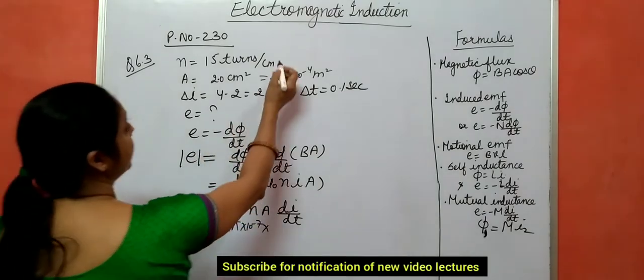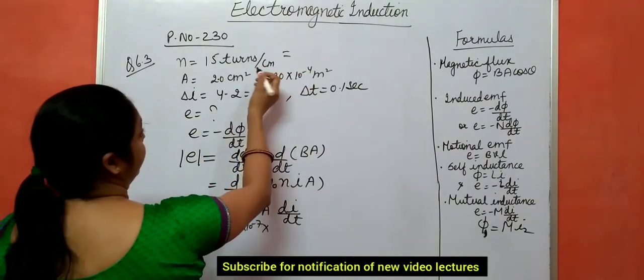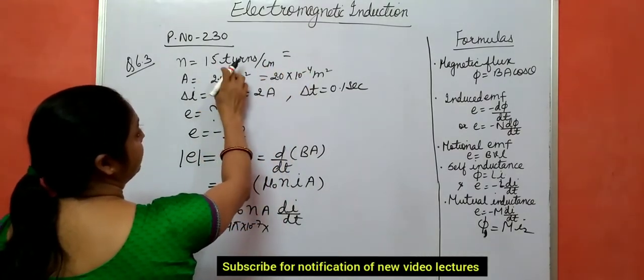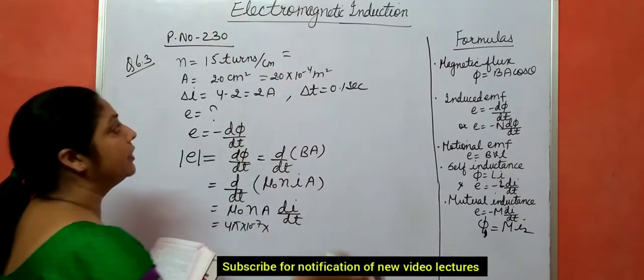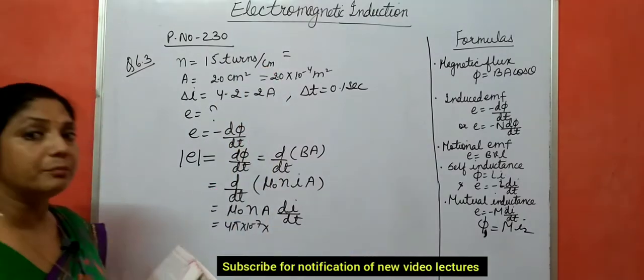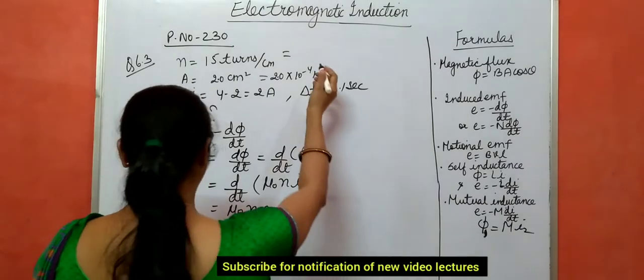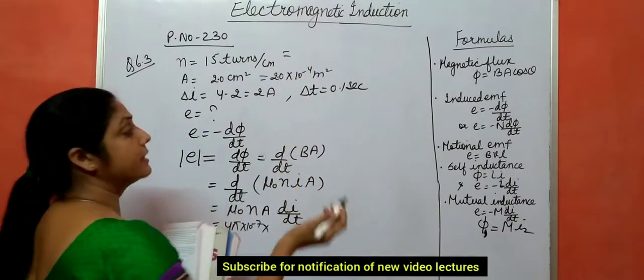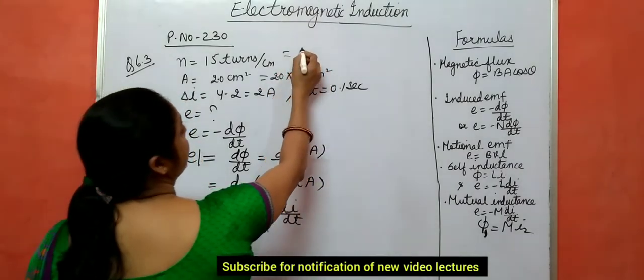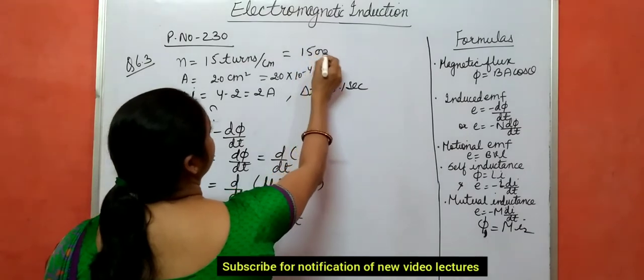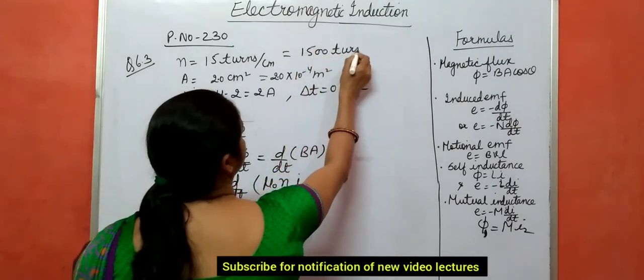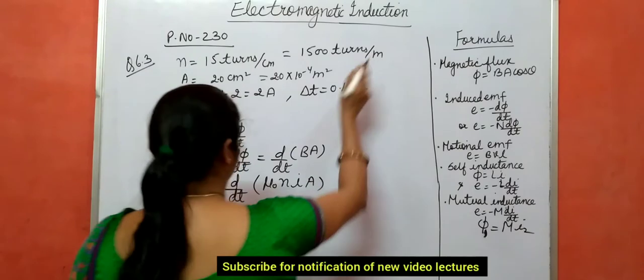When you want to change number of turns per centimeter into number of turns per meter, you just multiply by this. In 1 meter there are 100 centimeters, so you just multiply by 100, and it becomes 1500 turns per meter.